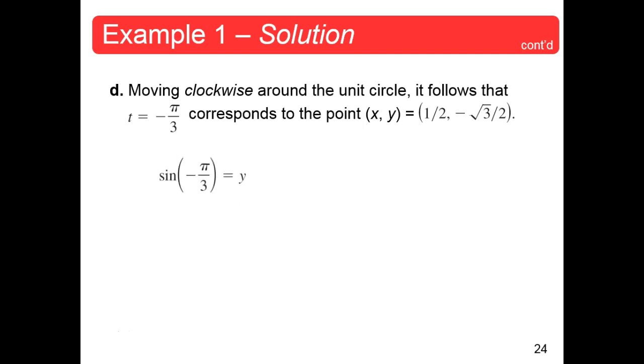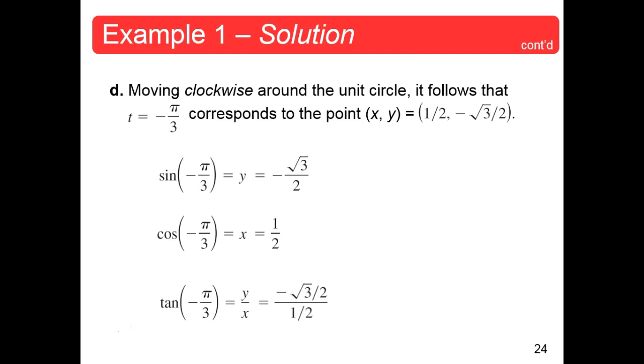Sine of negative pi thirds is the y value, which is negative root 3 over 2. Cosine of negative pi thirds is the x value, which is 1/2. The tangent of negative pi thirds is simply the ratio of those two, negative root 3 over 2 over 1/2, which is negative root 3.